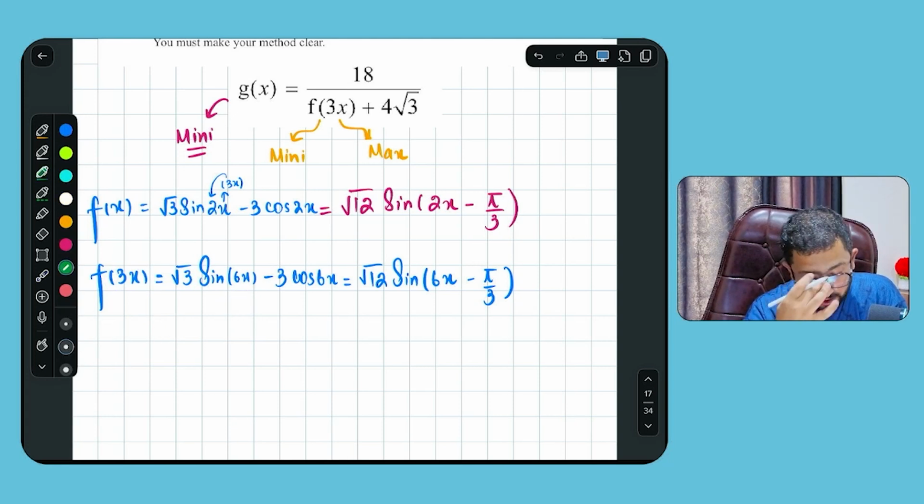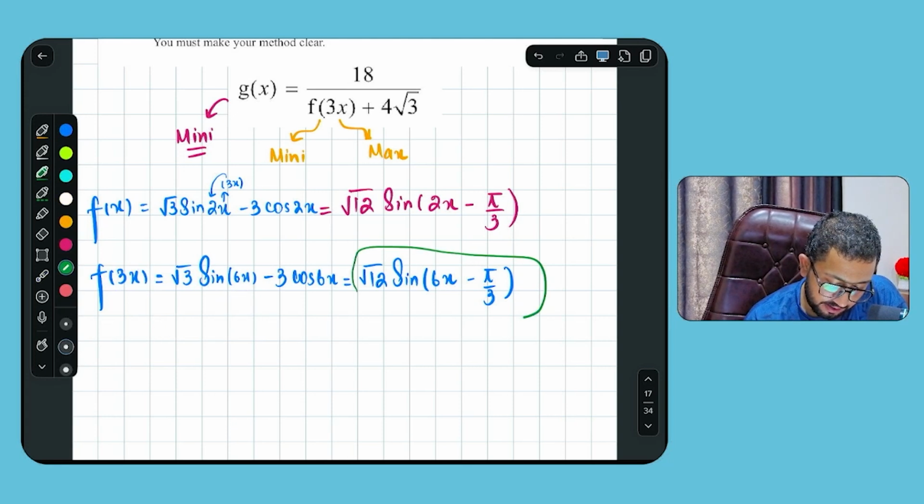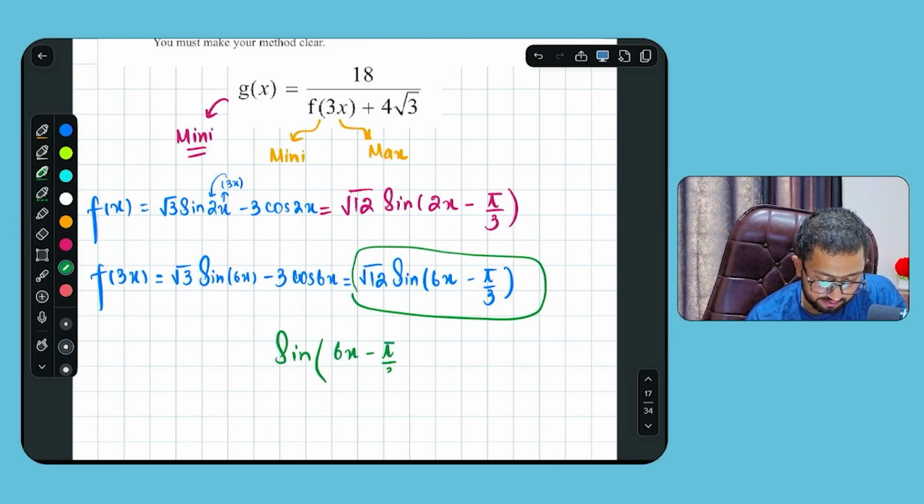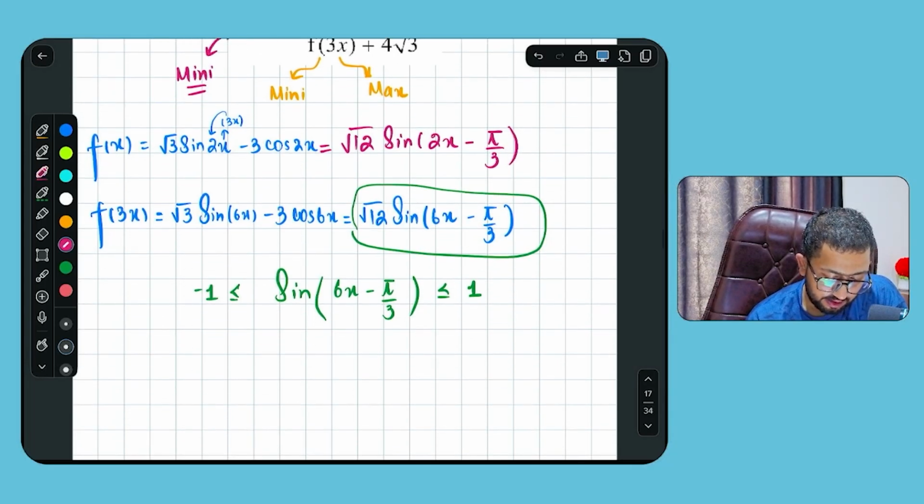Now I want to find the minimum or maximum value of this function. What can I do? Hello, hello. Keep your eyes on the screen. The sine of anything, the answer will always be between 1 and -1. So multiply with square root 12.